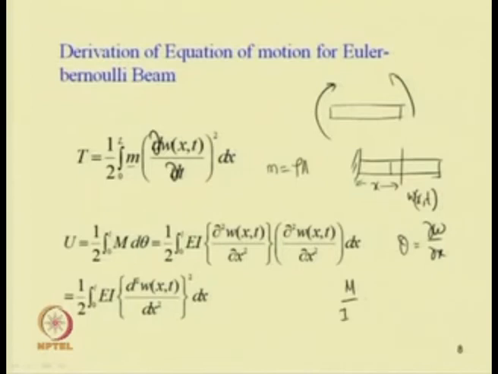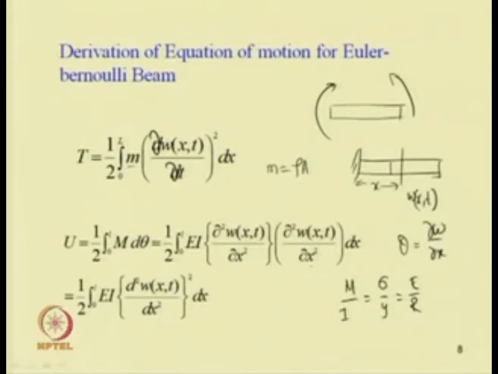From the pure bending equation, M by I equals sigma by y equals E by r. So, here M will be equal to E I by r. The curvature 1 by r can be written as del square w by del x square. So, one can write M equal to E I del square w by del x square, and d theta will again be equal to del square w by del x square.